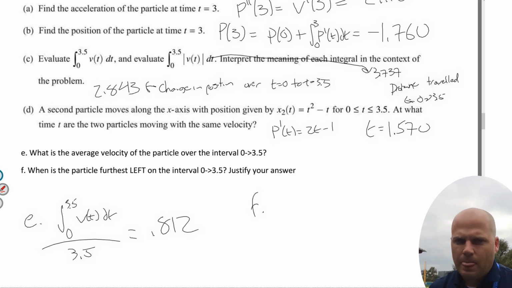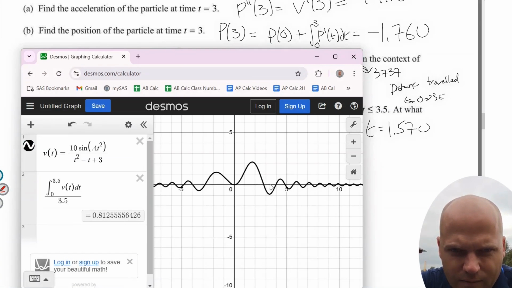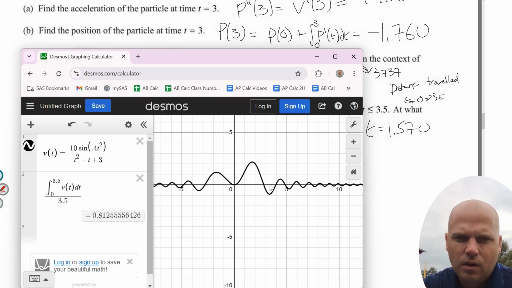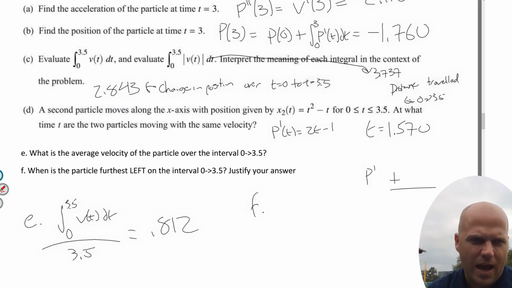Okay, F. Furthest left, 0 to 3.5. All right, so I'm going to do it my new way. This is my new justification, and I'm jumping on board. We know that P prime is positive until some value A, we have to find that value, and then negative. That means my position is increasing, then decreasing.